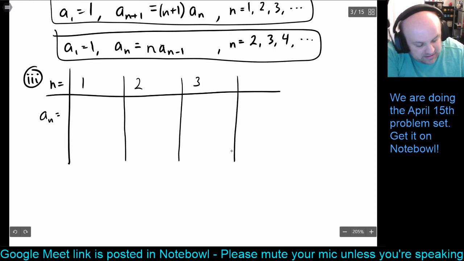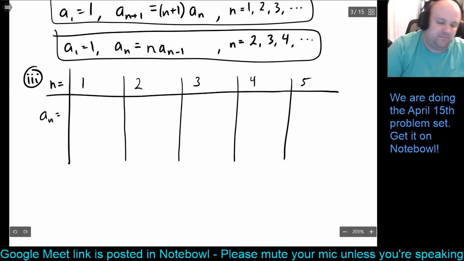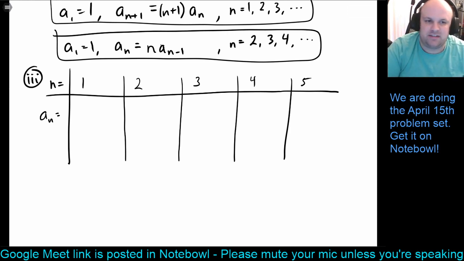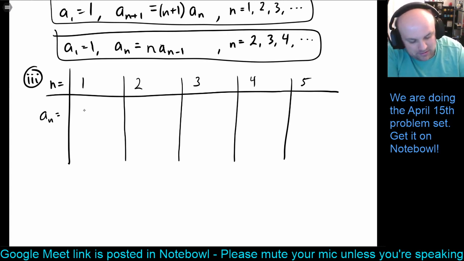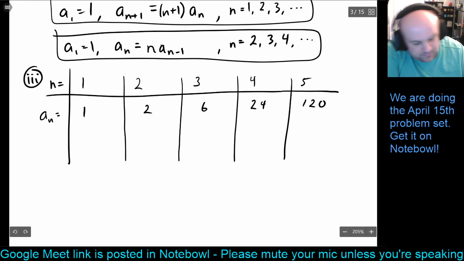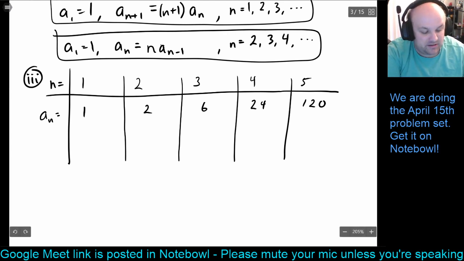It depends on what we're doing, whether you'll want to start at 1 or 0, the typical values, but really it's up to you. I personally like using 1 when I can. So here we have 1, 2, 6, 24, 120. And again, let's try and write out the pattern that's going on.